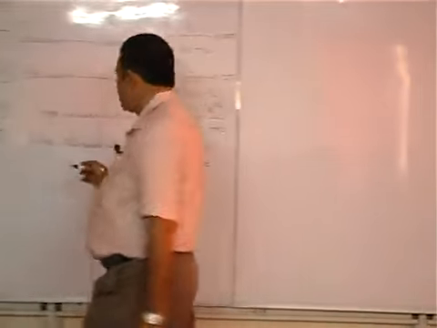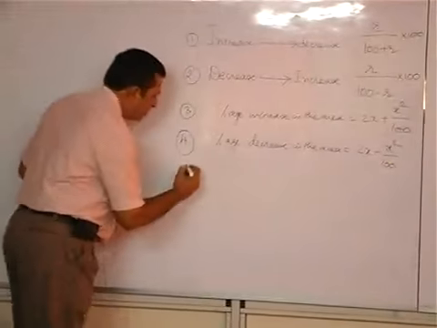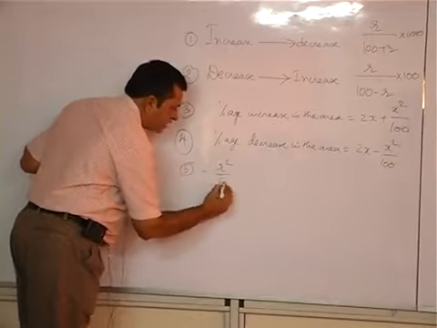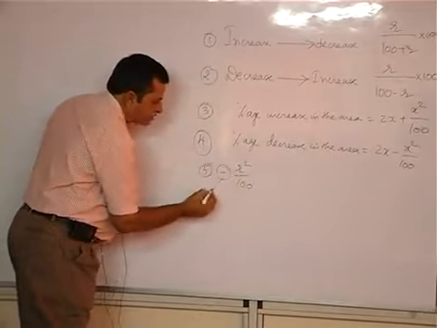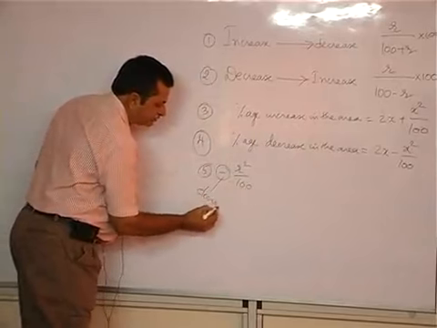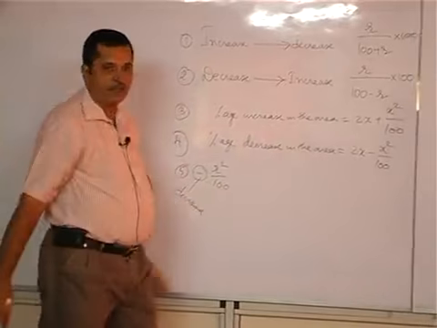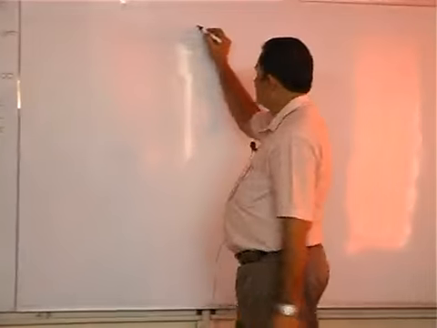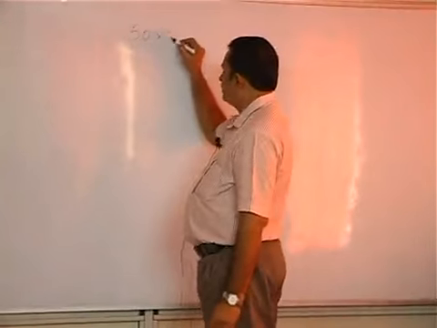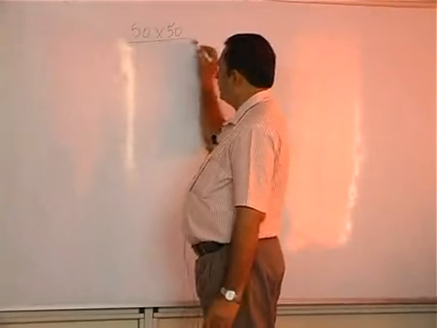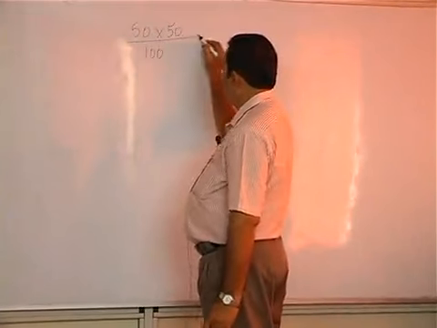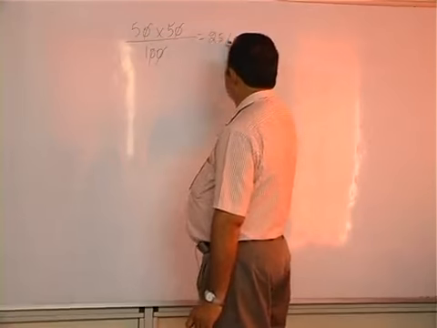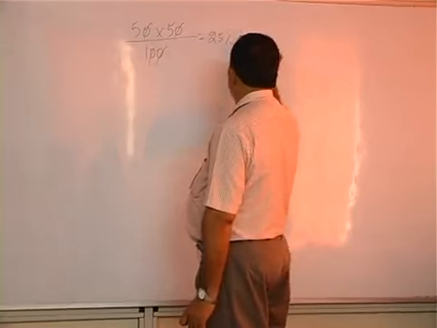We call it the minus r square by 100 method, where minus always represents decrease. So the salary is first increased by 50% and then decreased by 50%. So 50 into 50 by 100 means 25% decrease. Without solving the problem, you can write it.